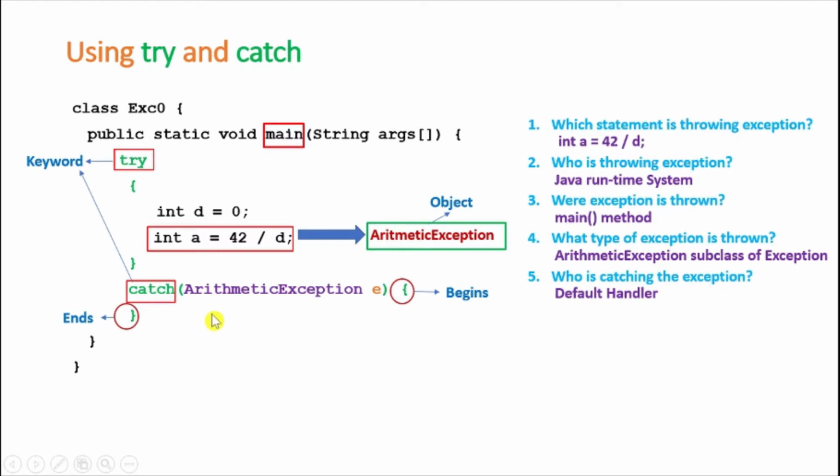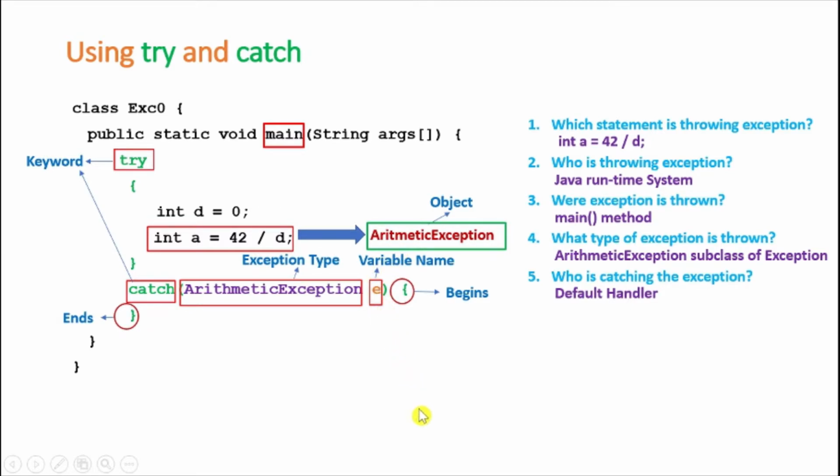Inside the parentheses of the catch block, we specify the exception type thrown in the try block, followed by a variable name, that is e. Since an object of type ArithmeticException is thrown, we specified the exception type as ArithmeticException, and this object is assigned to variable e.